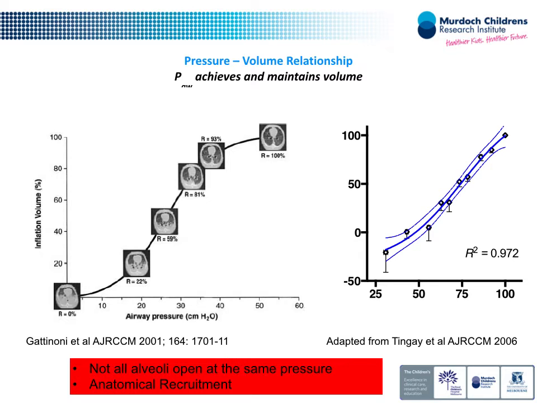Here, from a non-neonatal set of CTs, you can see that at zero PEEP we have some parts of the lung engaging in gas exchange and a lot that are collapsed. As we increase our mean airway pressure, we recruit more and more of the lung till we get to the point where the lung is recruited and then moves into a state of overdistension.